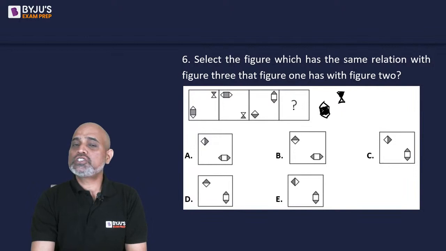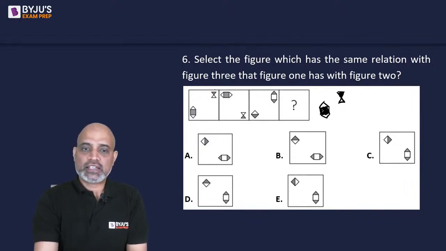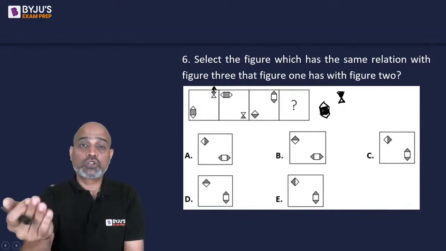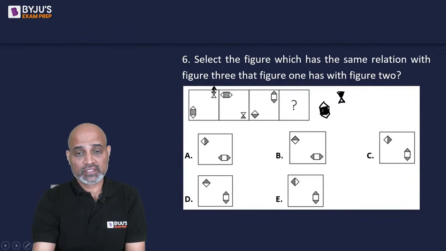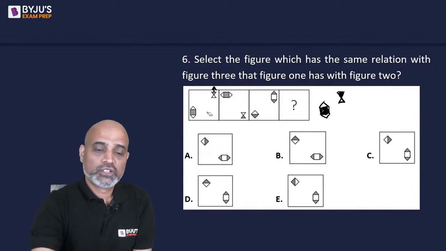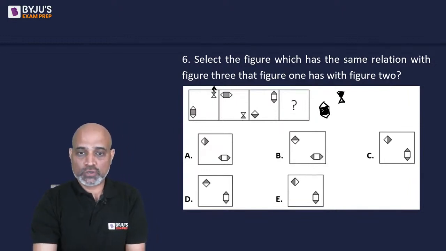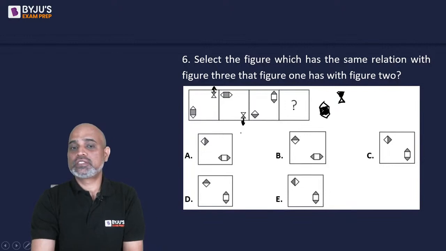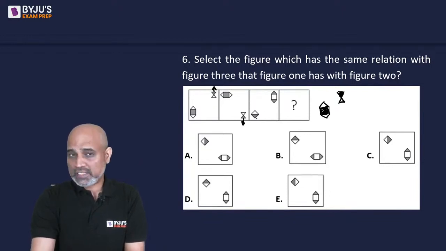So for a figure which is not symmetrical, if the shaded portion is closer to the side, like the non-shaded portion is far from the bottom side, it should be facing towards the side. So when it goes down, it's facing towards the side. If you look at this particular diamond shaped figure, it is facing the side, right?